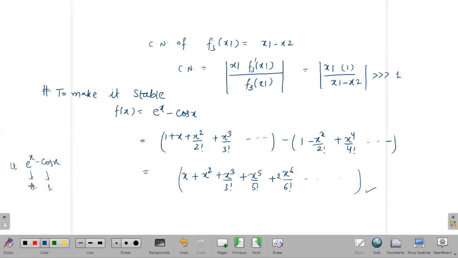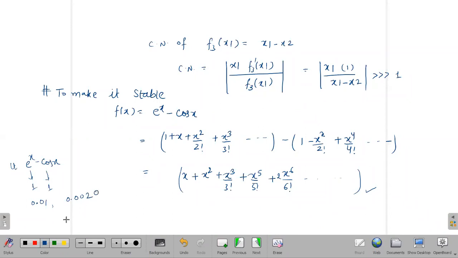So ma'am, why did we make this table? Because suppose I am taking a number near about 0, suppose it is 0.01, and it contains one significant digit. And if I am taking again 0.002, suppose.